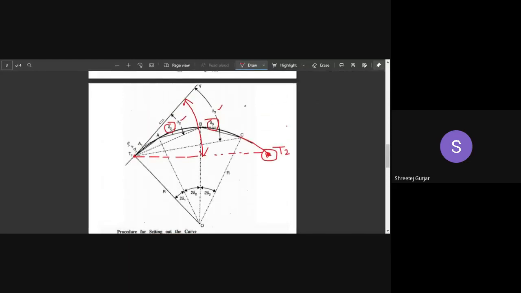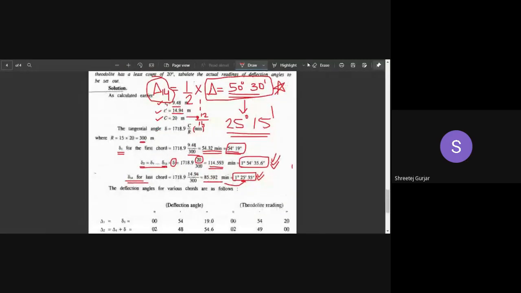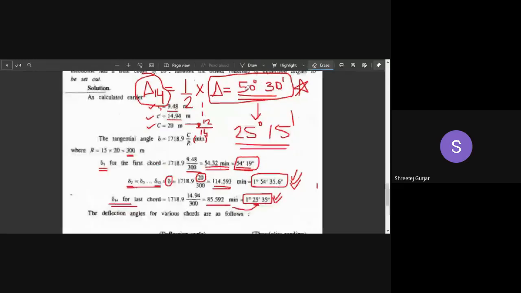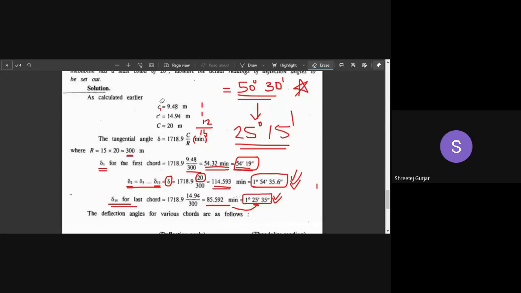So is this numerical clear, guys? I hope it is clear. If you have any doubts, you are free to ask. Don't hesitate to ask doubts. Many of you will be having the same doubts. So if you have not understood any of the parts, please let me know. And those who have understood can please raise their hand and let me know that you have understood the particular problem.